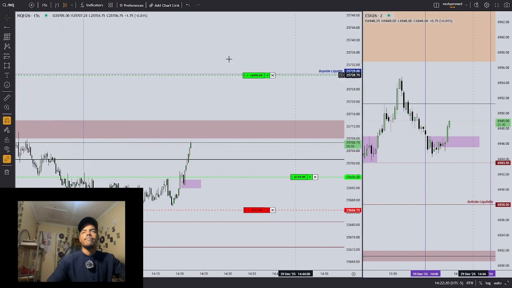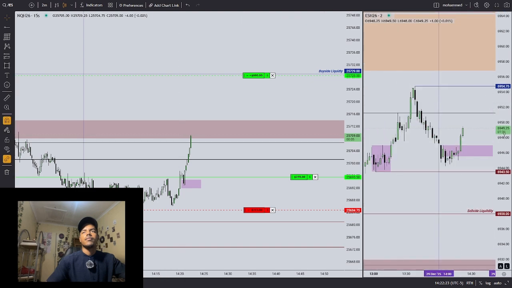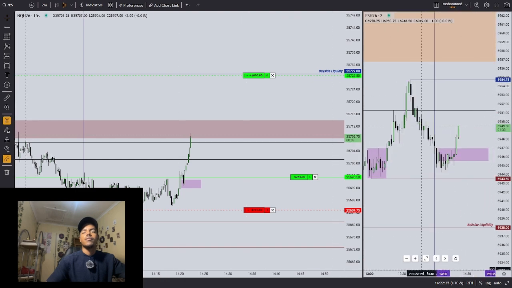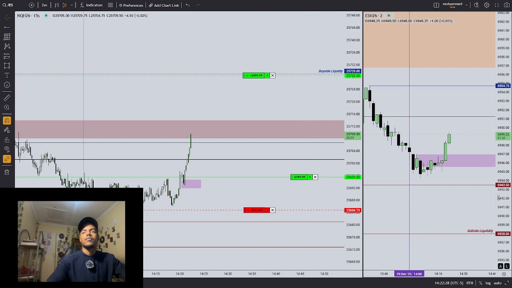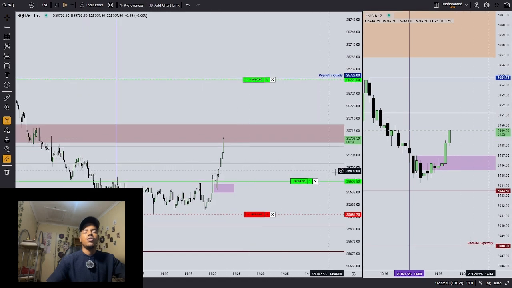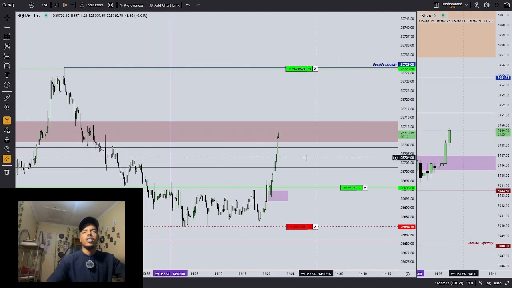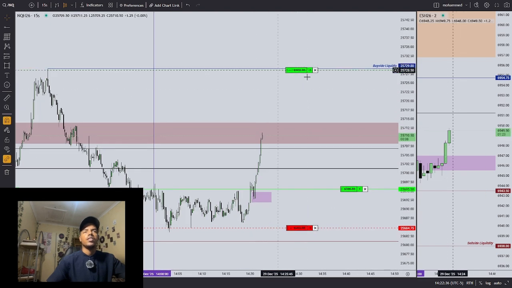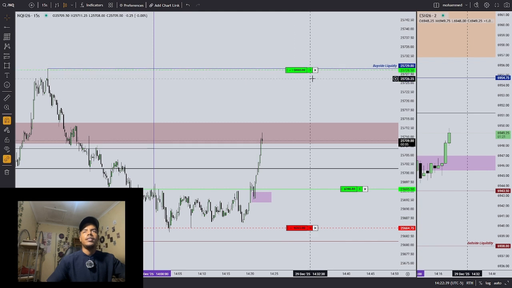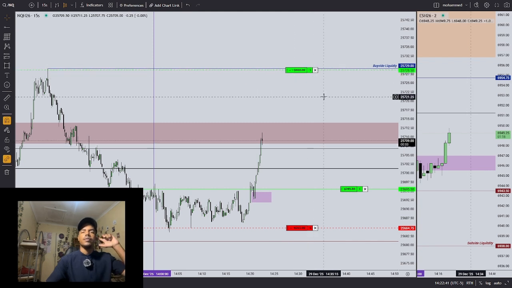On your right hand side, you would see the ES also going to the upside. However, I would like to see both of them in sync. As you can see, that buy side liquidity is what we are targeting.